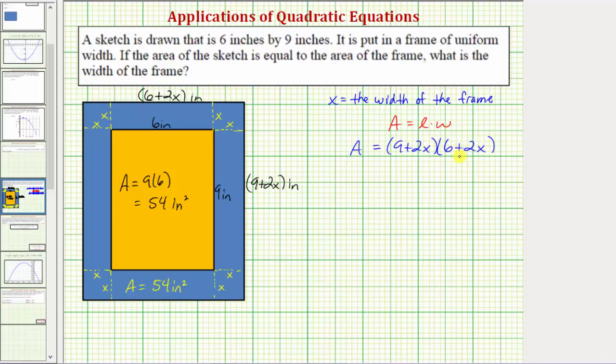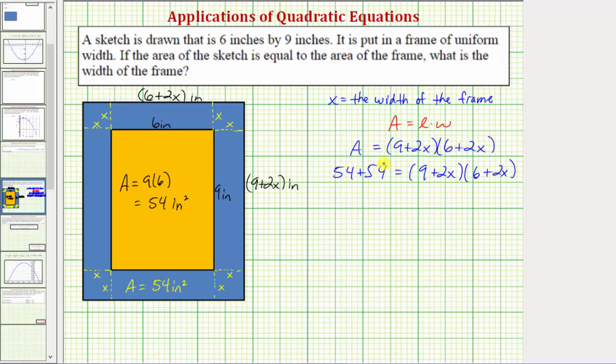And we know this product must be the area of the sketch plus the area of the frame, which would be 54 plus 54 square inches. So we'll substitute 54 plus 54 for A, and now we have an equation that we can solve for x. And x will give us the width of the frame.